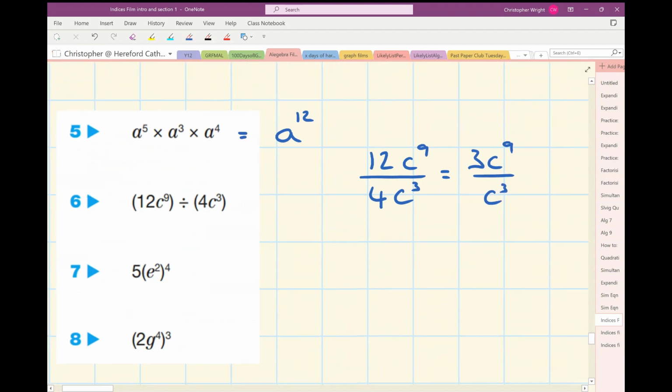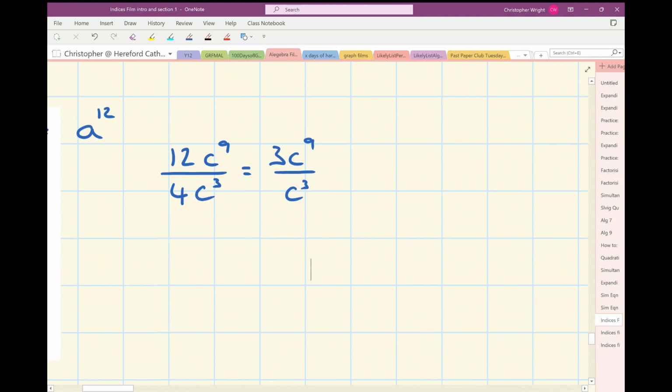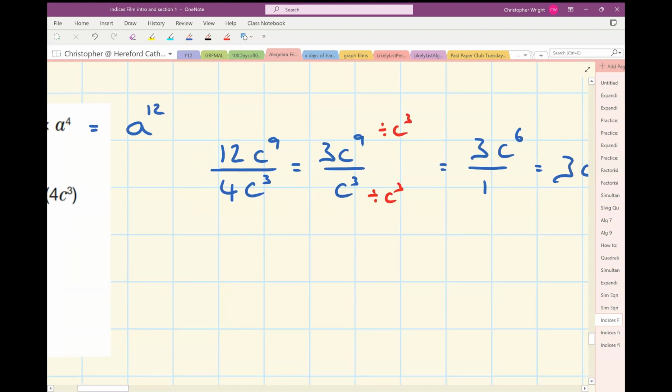And now I'm going to divide the top and bottom by c cubed, just to make it a bit clearer. I'll write divided by c cubed, divided by c cubed. So that's going to give me 3c to the 9 divided by c cubed, subtract those indices, 3c to the power 6. And of course, c cubed divided by c cubed is 1. So my answer is simply 3c to the power of 6.